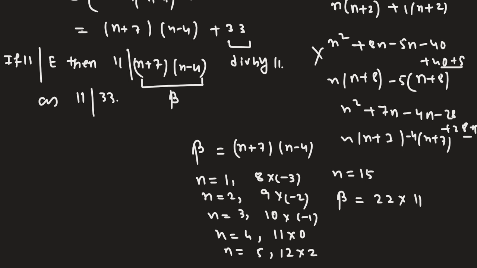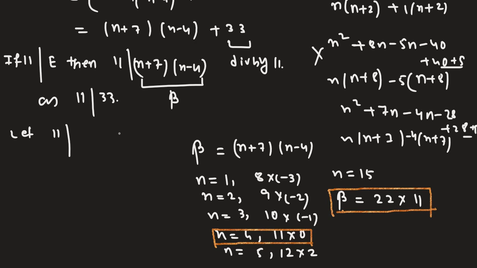So one thing you can notice that always happens here: if the first number is divisible by 11, then the second factor is also divisible by 11. So suppose 11 divides any one of the factors, I am taking n plus 7.